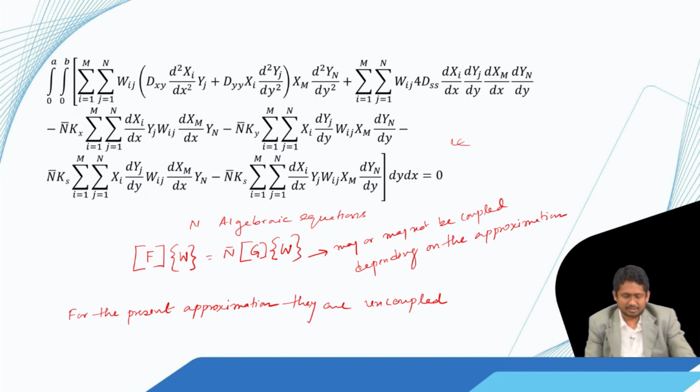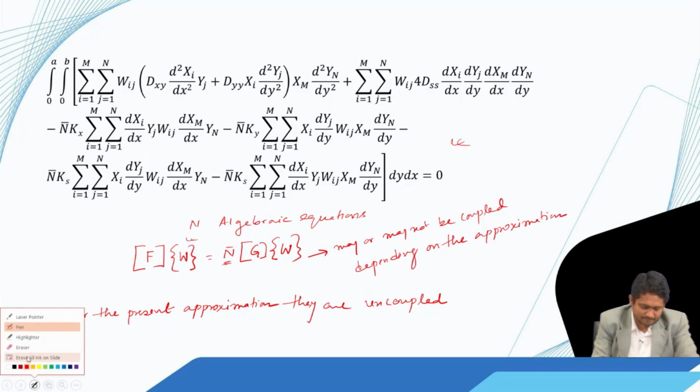Now, what we will do is we will take some numerical values and look at it. So, this is an eigenvalue problem. If I solve for this N bar, then these eigenvalues would give us the values of N bar, and these w's will give us the mode shapes.